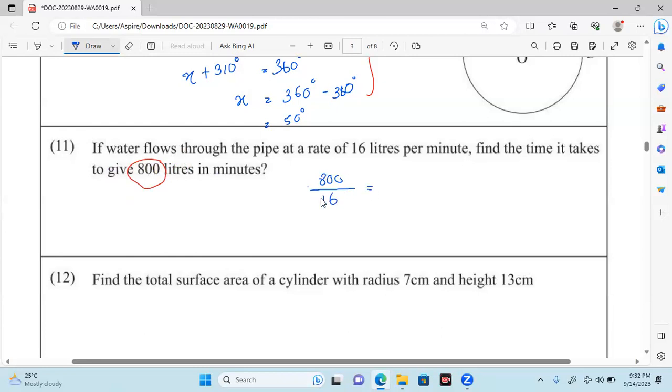Okay, it gives the time it takes to give this much water. Then when 80 is divided by 16, it's 5. Then the answer is 50 minutes. Okay.